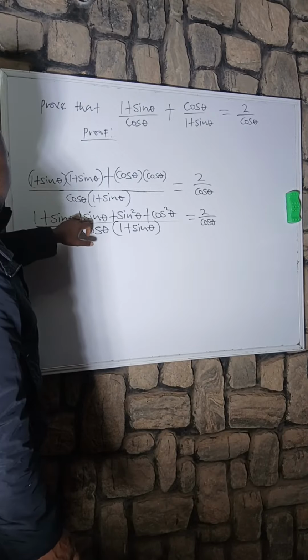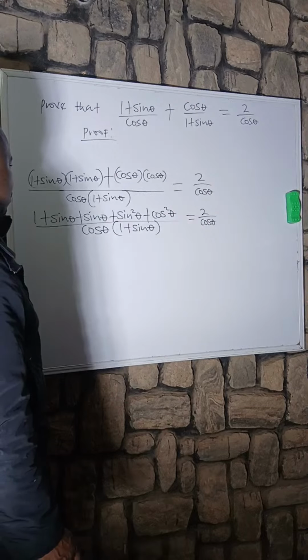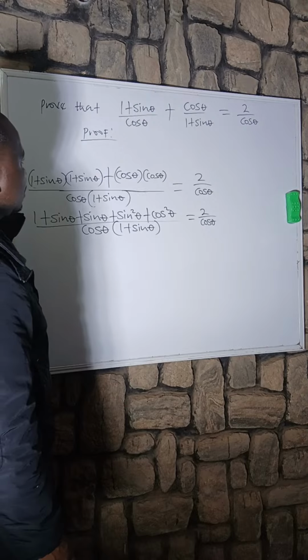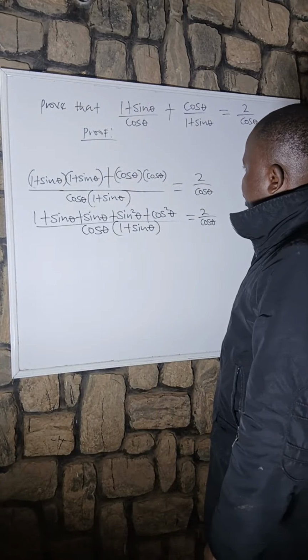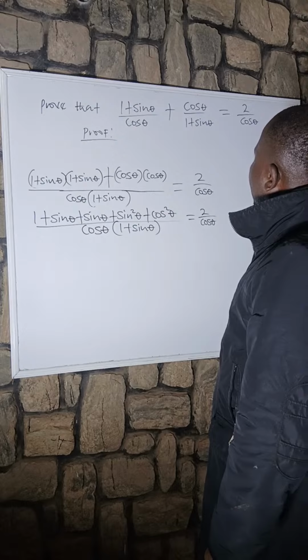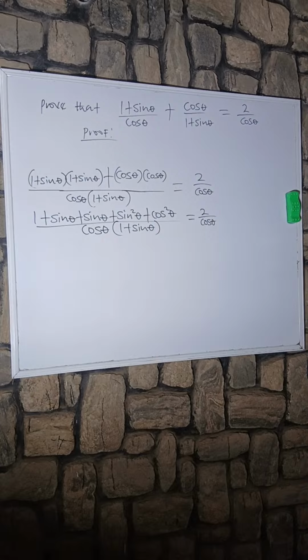This one times this, this, and this one times this, this. Are we sure that we are in order? Let's look at it again and again. Okay, yeah, we are in order.